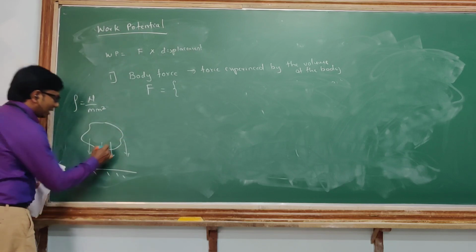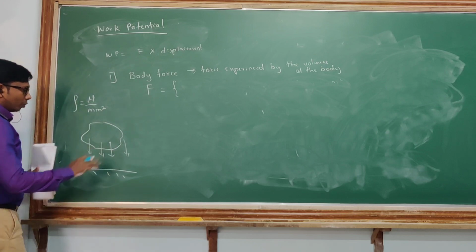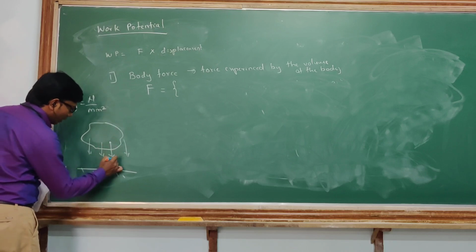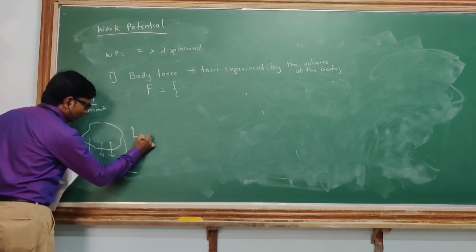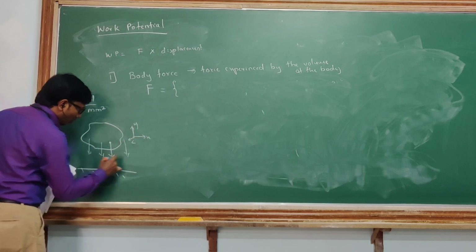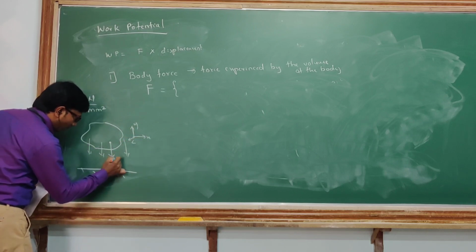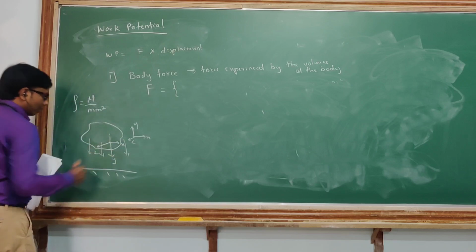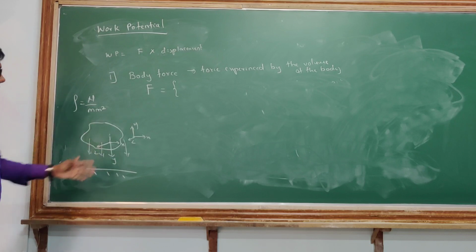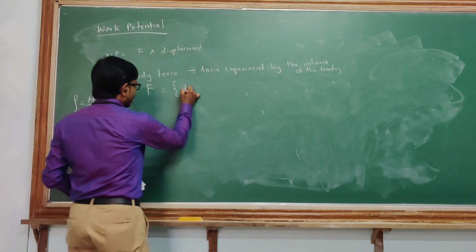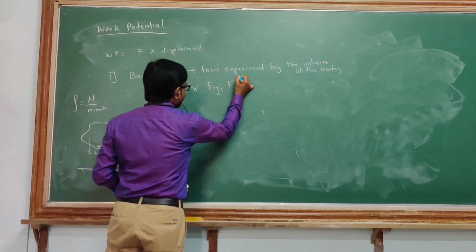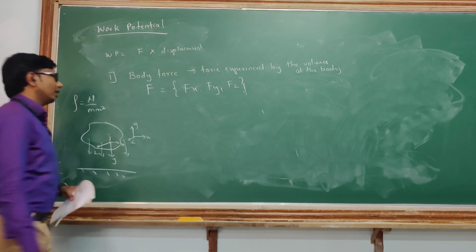If I take the coordinate axes, like this is x, this is y, and this is z, the force at this particular point can be written in three different directions. The force can be resolved in vector form in all three directions, that is fx, fy, fz.